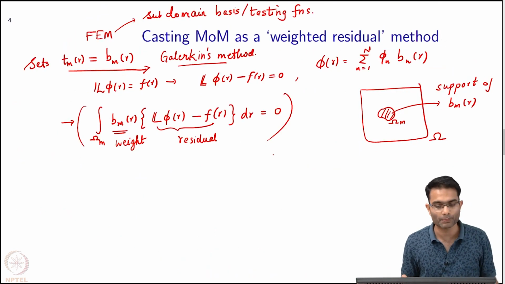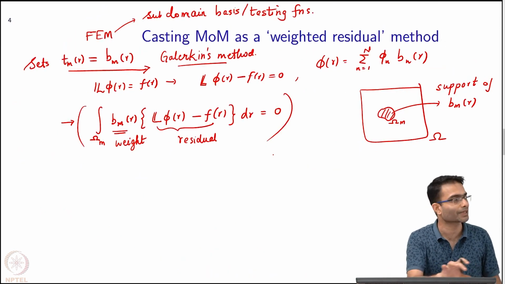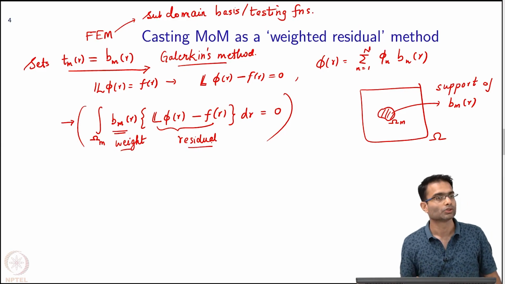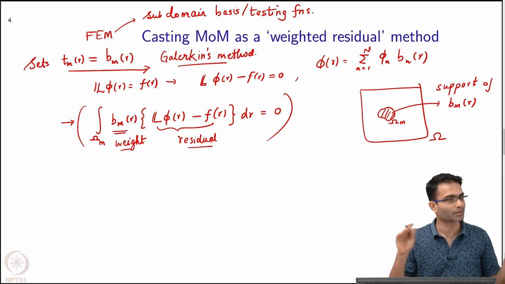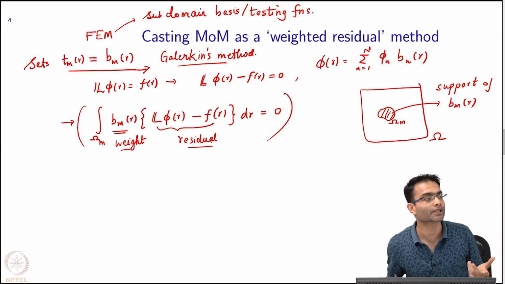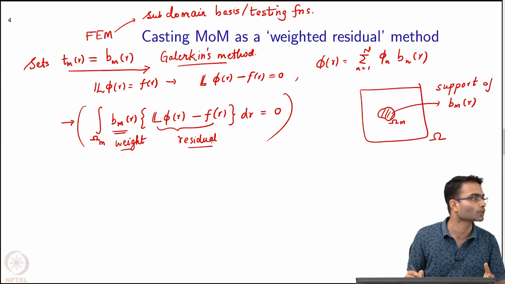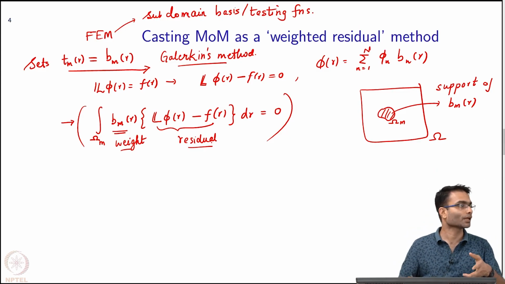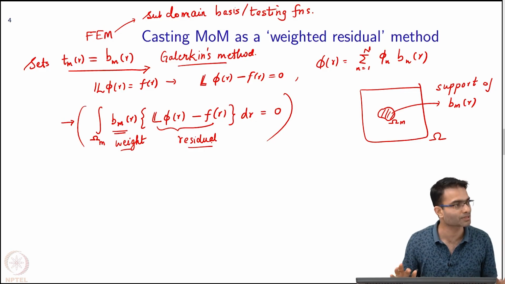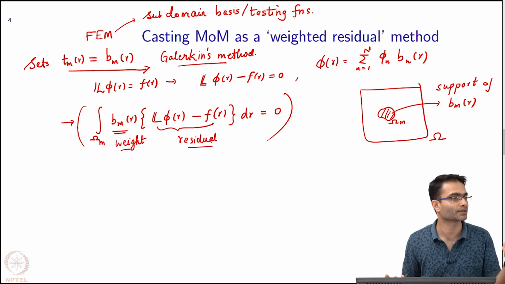The finite element people arrived at the same equation via a slightly different route, and their interpretation is weighted residual. The equations are the same; the interpretation given is different, okay. But if you read papers and textbooks on FEM, they will call it a weighted residual method. When you read that, you shouldn't get confused, you should realize it's basically MOM, method of moments, right. The same thing is being called by different names and different phrases. The concept is the same: basis function, testing function.